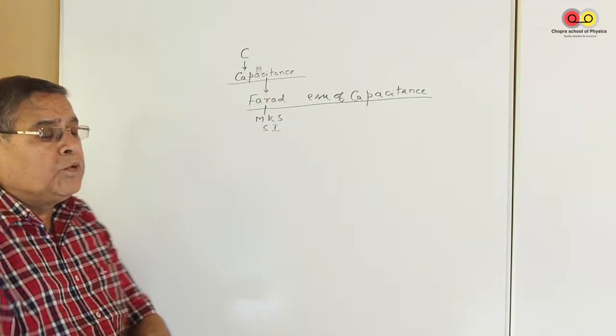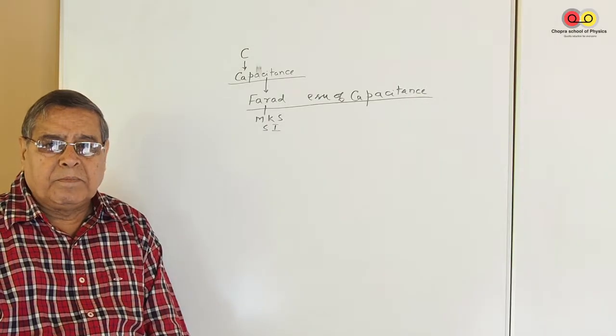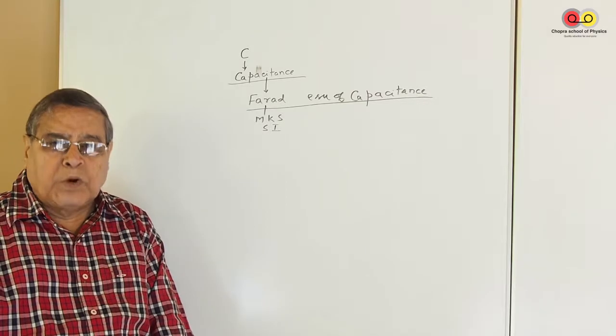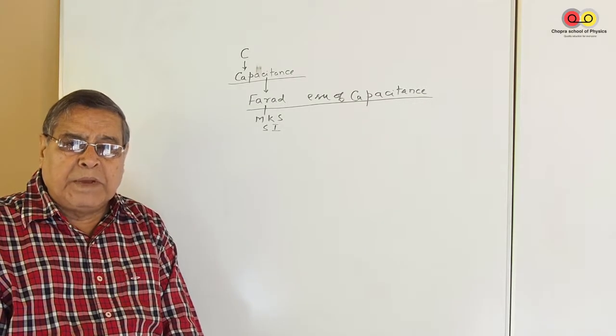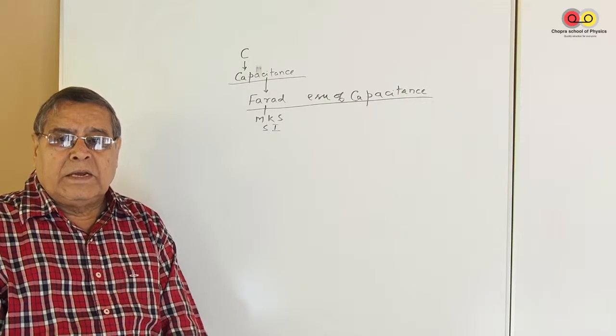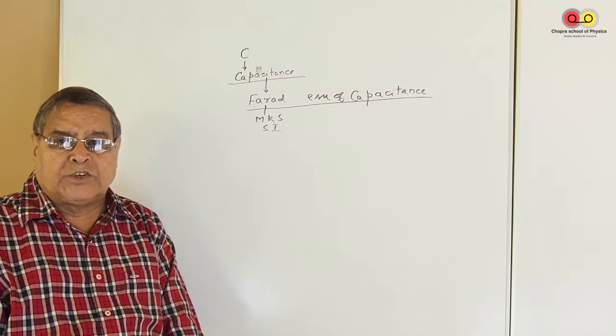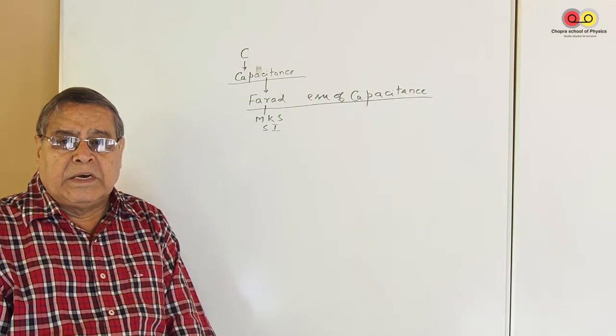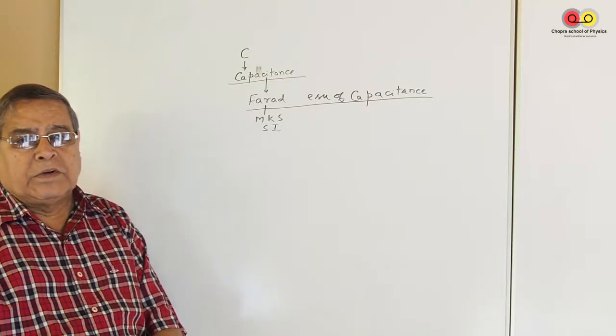As I have explained in my earlier lecture, CGS units are smaller and MKS units are bigger. But there is one exception.